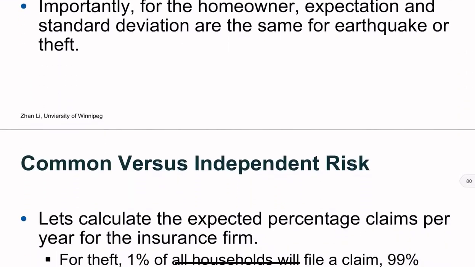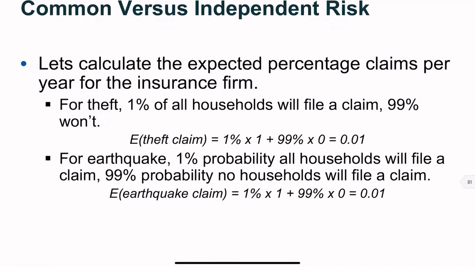Now, more importantly, we want to think about the claims from the perspective of the insurance firm, right? So now we shift our focus to the insurance firm. From the insurance firm's perspective, what is the expected claims and what is the standard deviation of claims?